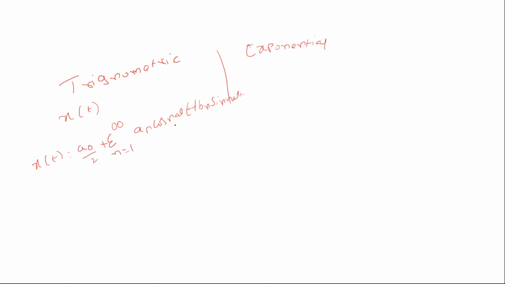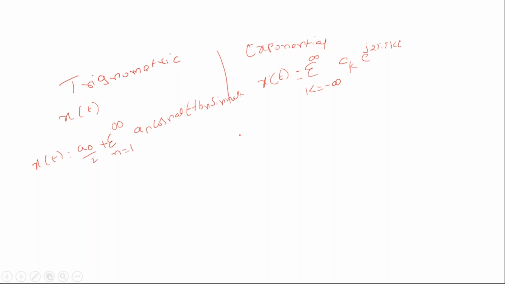Exponential means you need to convert this cos and sin in terms of exponentials, and you can write the exponential Fourier series as x of t equal to sigma k equal to minus infinity to plus infinity ck e power j2 pi f kt, or j omega kt also you can write.